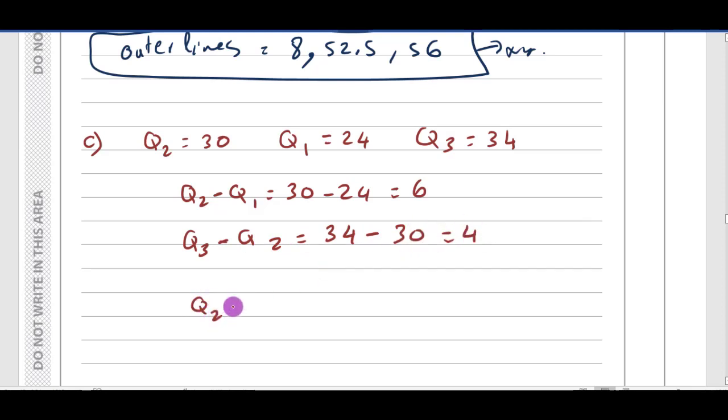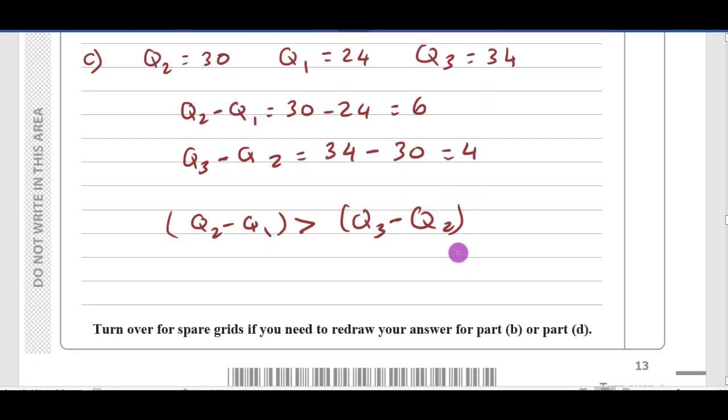Since Q2 minus Q1 is bigger than Q3 minus Q2, 6 is bigger than 4, so it is negative skew. This is the answer of this part.